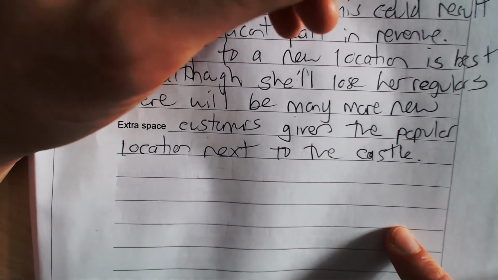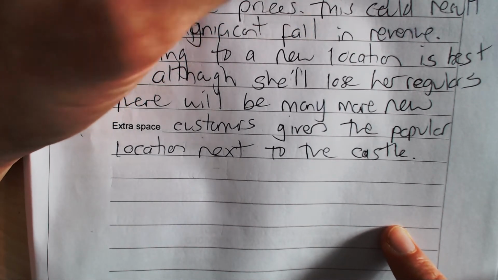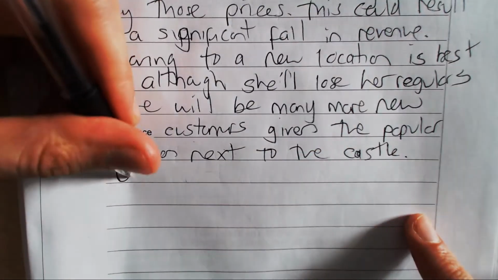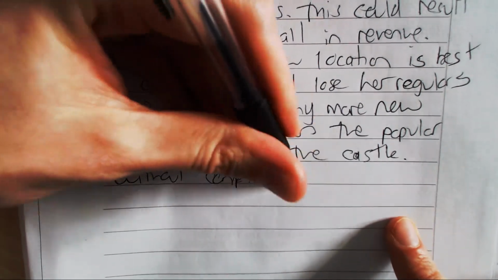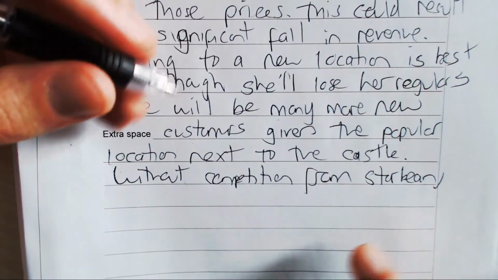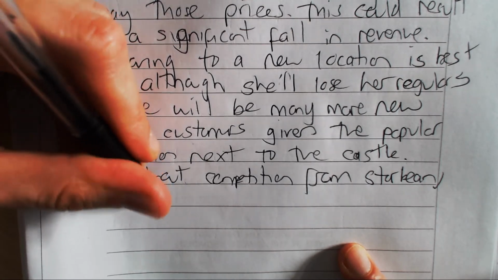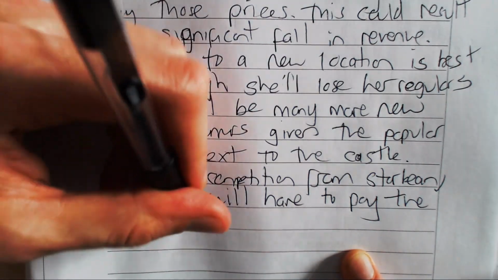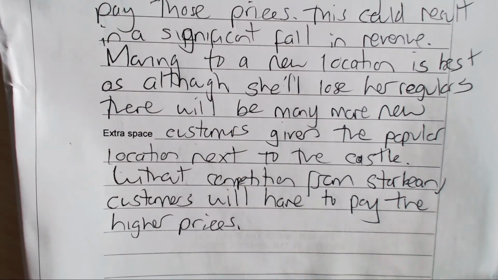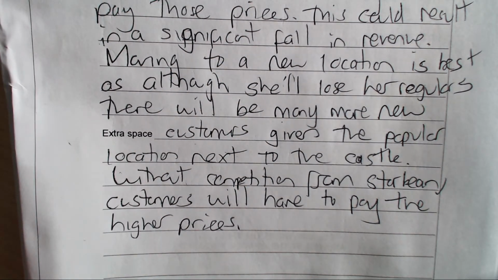And then I'll finish up by saying without competition from Starbeam, customers will have to pay the higher prices. Because that's essentially the problem at the moment, is that the competition from Starbeam means people don't have to pay those higher prices like they used to.